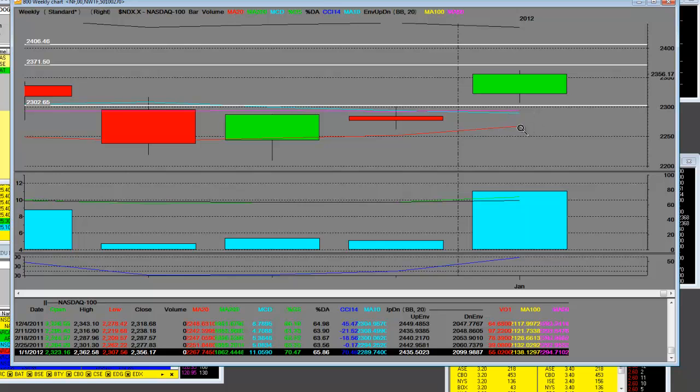And the bull side of it is that the rising 20-week is going to give this area the first pass of support level.